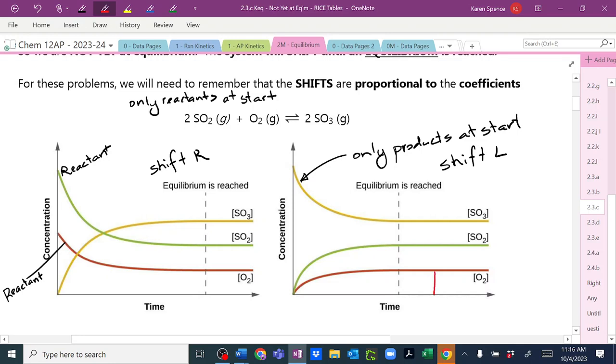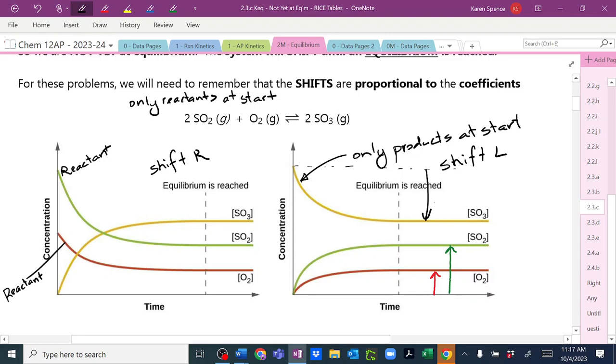O2 is that much, but SO2 is that much, and SO3 is that much.